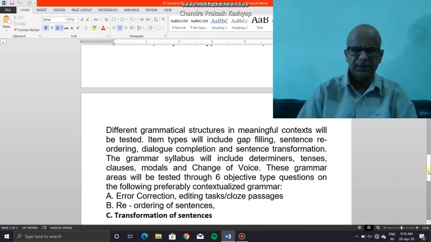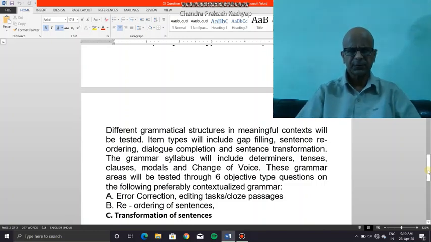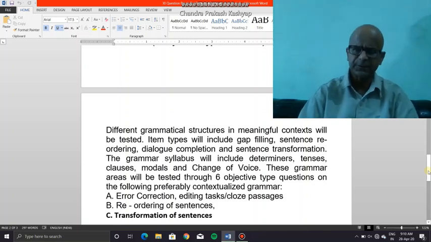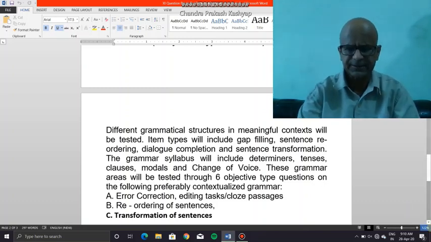And whether it is determiners, tenses, clauses, modals or change of voice, they'll all be assessed by way of error detection, by way of editing tasks and closed passages, which you are already familiar with in classes 9th and 10th.